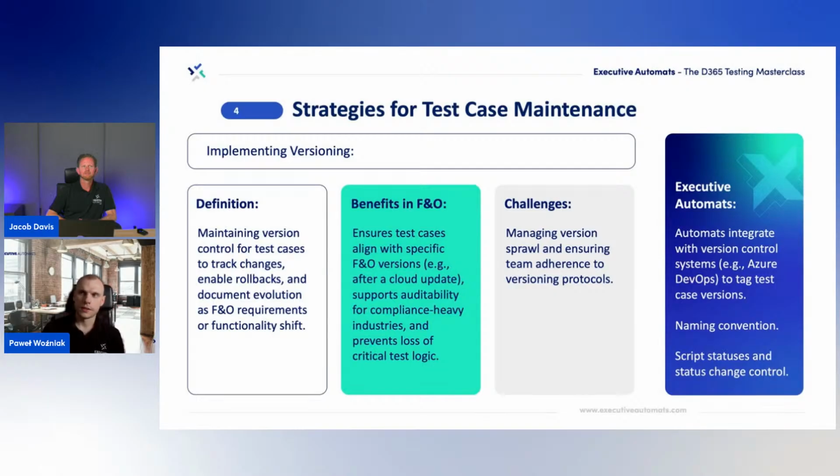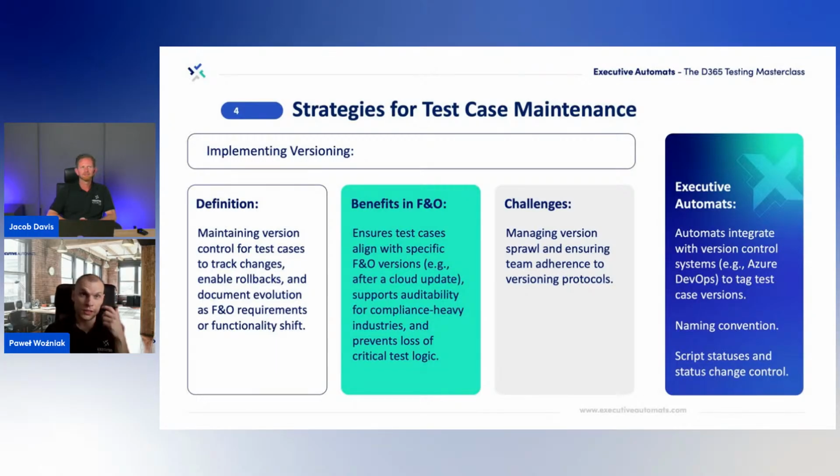But also inside Executive Automats, we have statuses of the scripts, and we can track the changes between status changes. If somebody changed the status, we can always see what was done before the change.